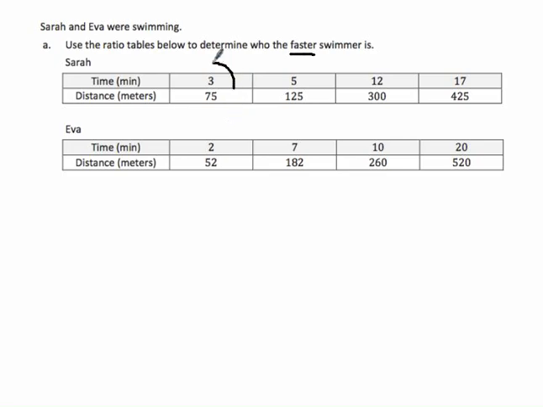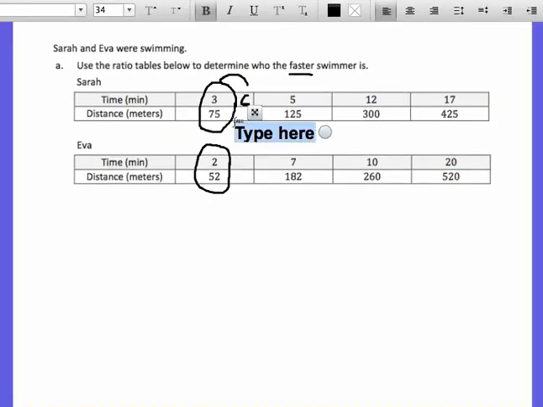However, there are some ways to do it. If we look at this first piece of information, 3 minutes to 75 meters versus 2 minutes to 52 meters, how can we get these to be a common amount of time to make a comparison? We can make this 6 minutes by multiplying by 2, or doubling it, and then it would be 150 meters.